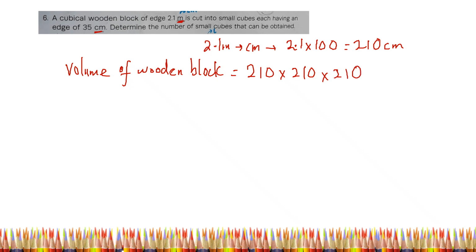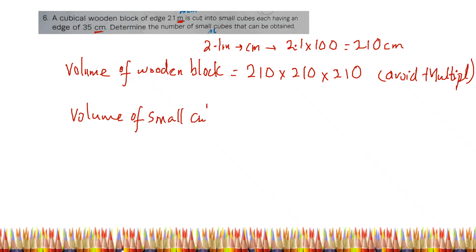Okay, now if you try to multiply these numbers, you can, but you will get a very big number. So I will tell you to avoid multiplication here, and now come up with the volume for the small cubes. Volume of small cubes will be 35 multiplied by 35 multiplied by 35.